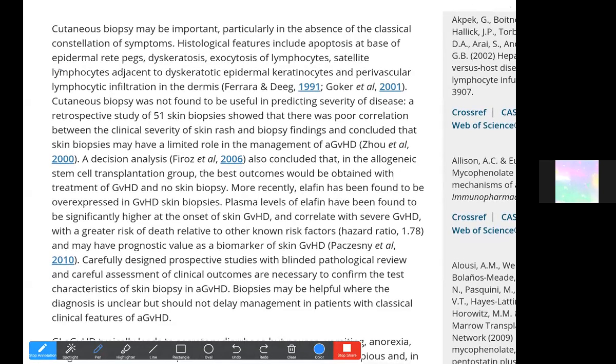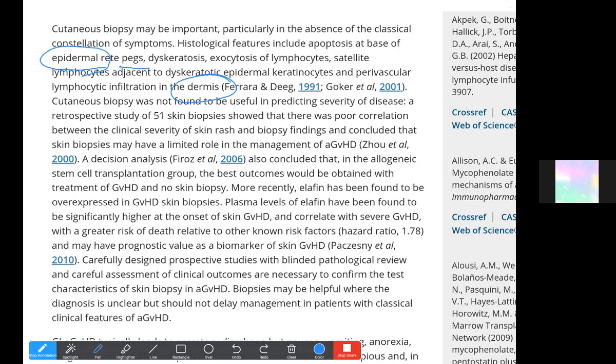We were discussing the epidermal findings. That is, the epidermis would show apoptosis at the base of the epidermal rete ridges, and so there would be dyskeratotic changes in the epidermis, and in the dermis there will be infiltration by the lymphocytes. At the interface, that is at the rete ridges where the dermis and the epidermis join, there would be these apoptotic bodies. The rest of the epidermis would be dyskeratotic.